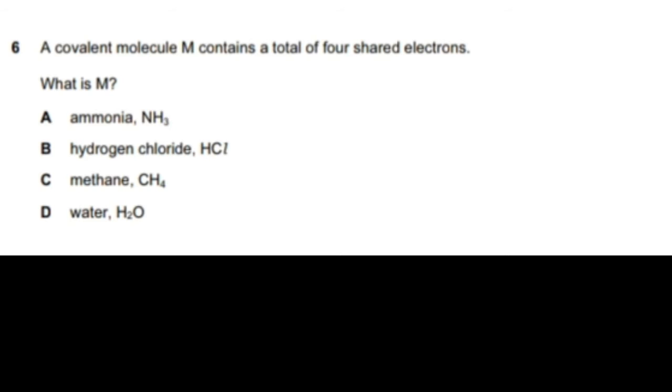So there are 2 bonds between oxygen and hydrogen, the O-H bonds. So there are 4 electrons. When you consider CH4, there are 8 electrons. Carbon and hydrogen have 4 single bonds between them. One single bond means there are 2 electrons. So 4 single bonds means there will be 8 electrons.